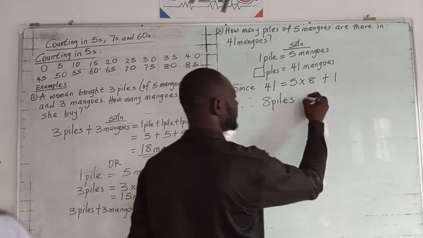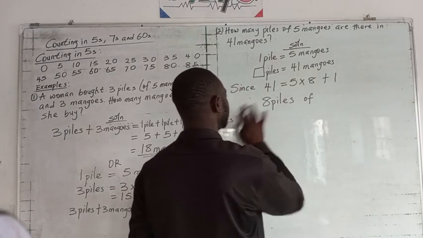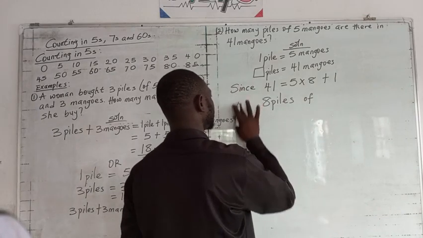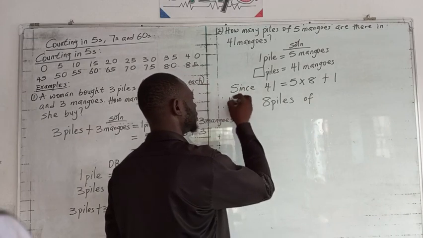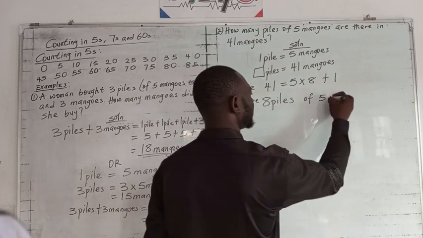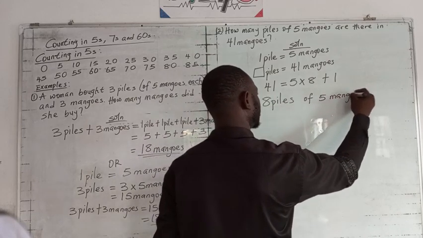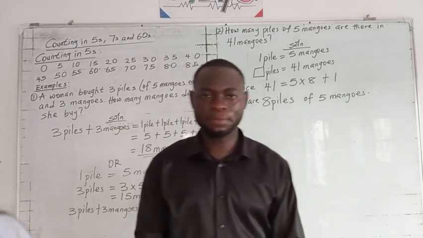So therefore there are 8 piles of what? Okay, let me write it here. Therefore, there are 8 piles of 5 mangoes.